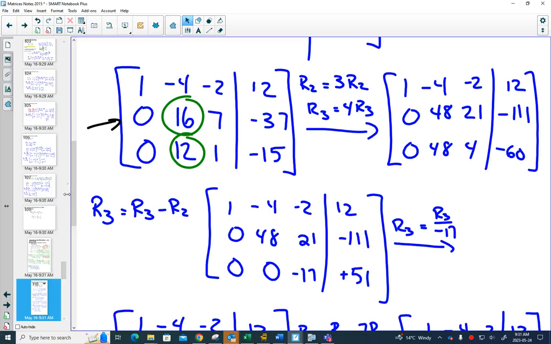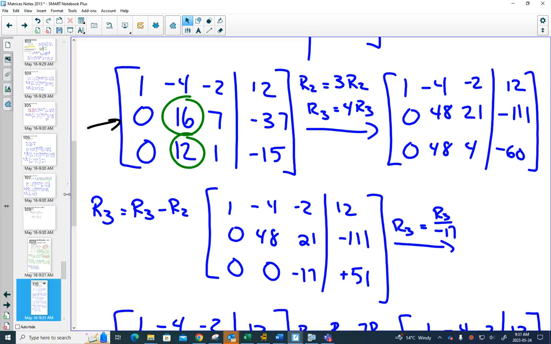So I did 3 row 2s. Oh, actually, what I did here to make life easier, instead of doing it all in one step to get the 0, which I'd probably do if I was doing my own work, I just took row 2 and multiplied it by 3, and took row 3 and multiplied it by 4, and I got 2 48s there.